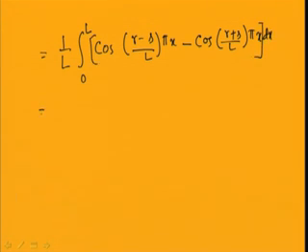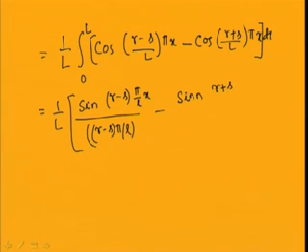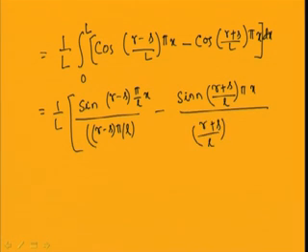The integration of cos is sin. So this becomes 1 by L times sin of r minus s into pi x by L divided by r minus s pi by L, minus similarly sin of r plus s pi x by L divided by r plus s pi by L, from 0 to L.